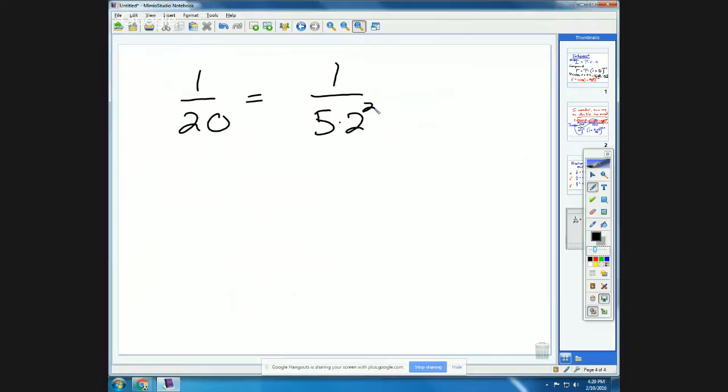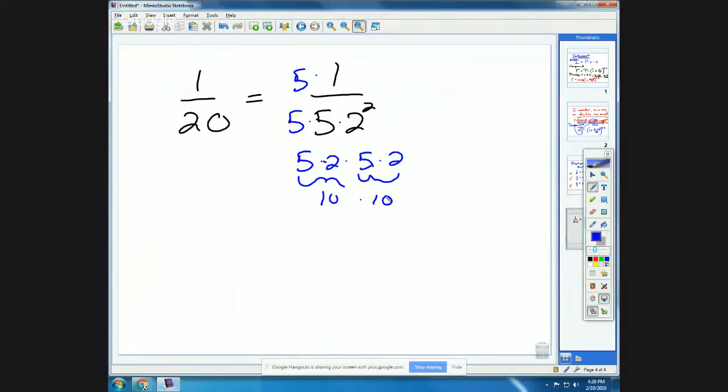If I want to turn this into a decimal fraction, I would multiply the top by 5 and the bottom by 5. Because what that gives me is 5 squared times 2 squared. Or if I rearrange those, the denominator is now 5 times 2 times 5 times 2. Why is that important, rearranging them that way? It's 10 times 10. I just made a decimal fraction. Decimal fraction means the denominator has to be a power of 10.